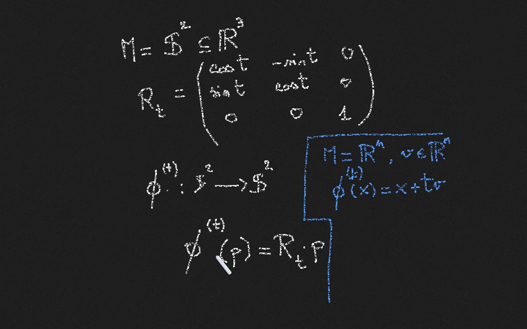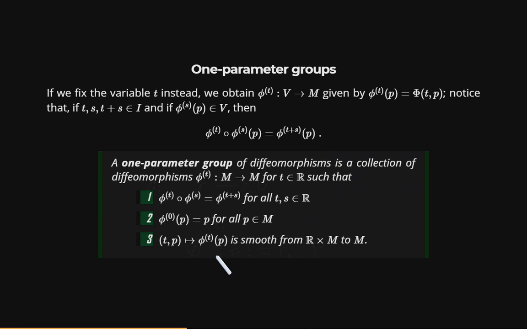Again, this is a one-parameter group generated by the translations of v. So there are geometric transformations, and the word group refers to these first hypotheses here. So the group is this first relation here, so that the composition of diffeomorphisms ends up as the sum of their parameters.